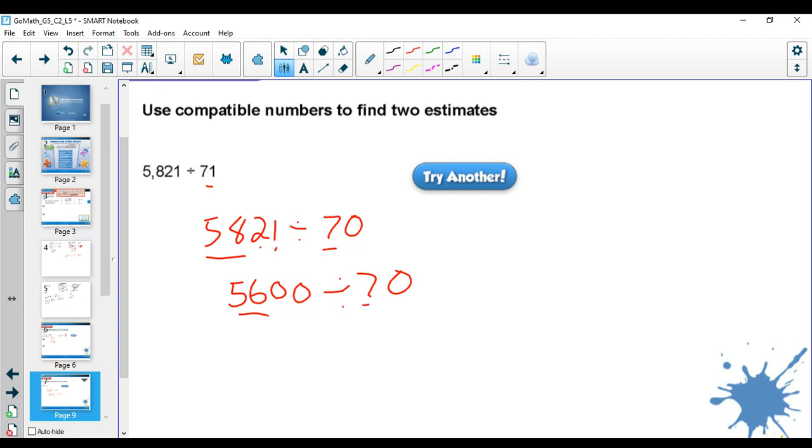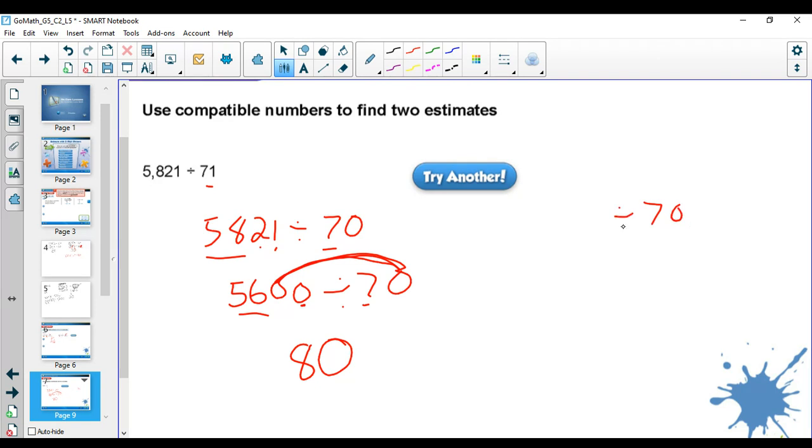Well, 56 divided by 7 is 8, right? I already have a 0 here, so I have an extra 0 in my answer. So my answer is 80. We're going to keep 70 for our second estimate.